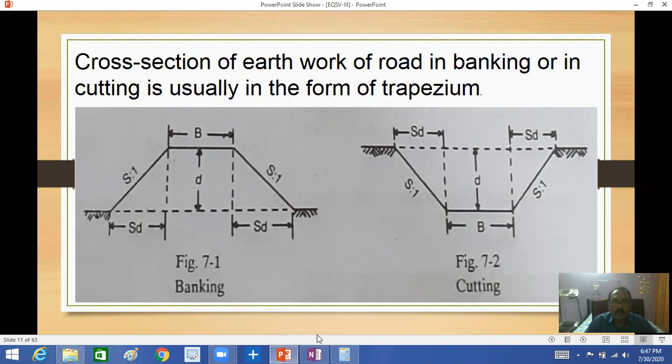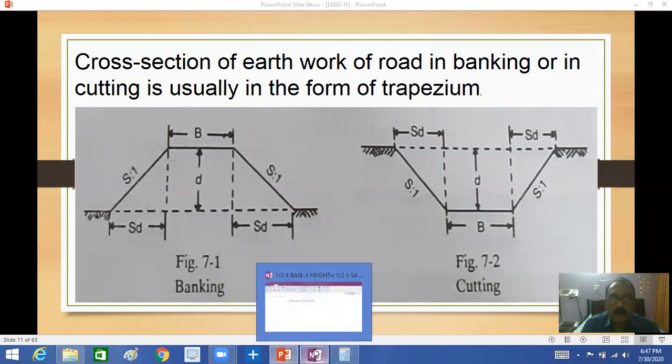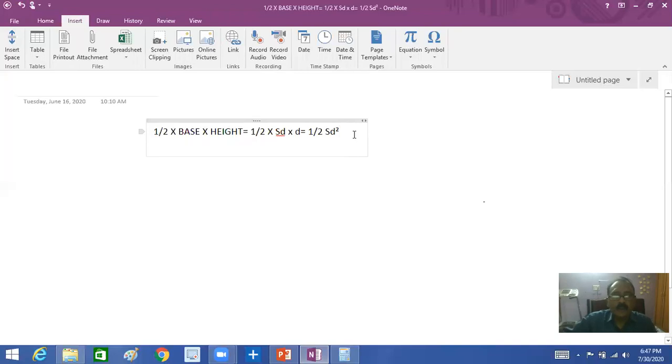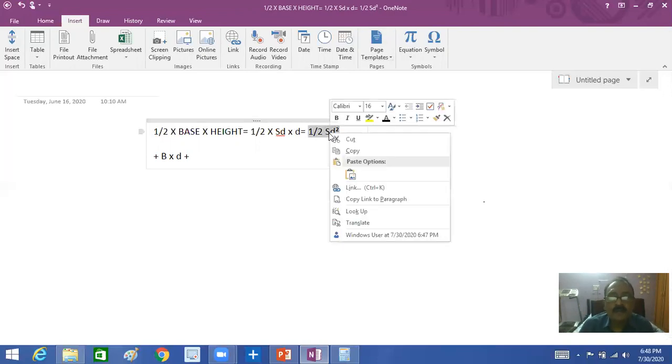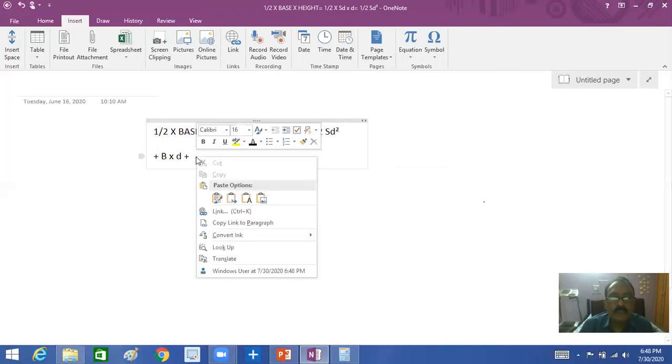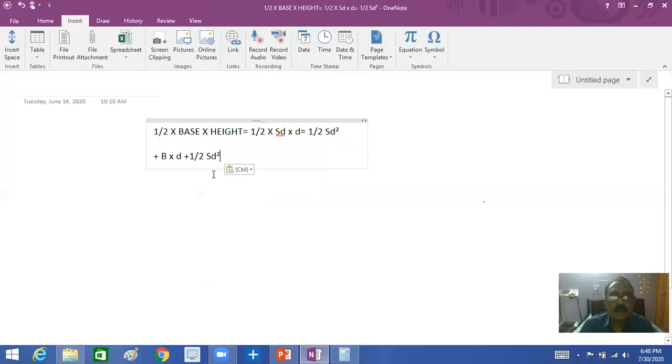B into D, small d. Plus, again, 1 by 2 S d square.